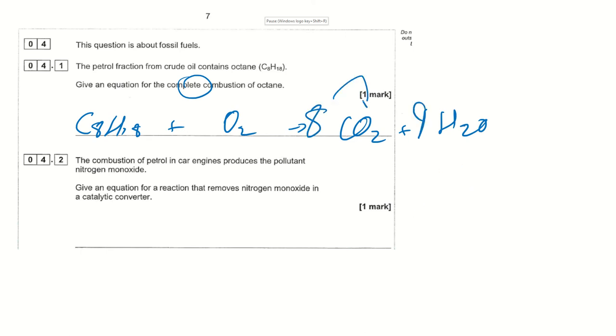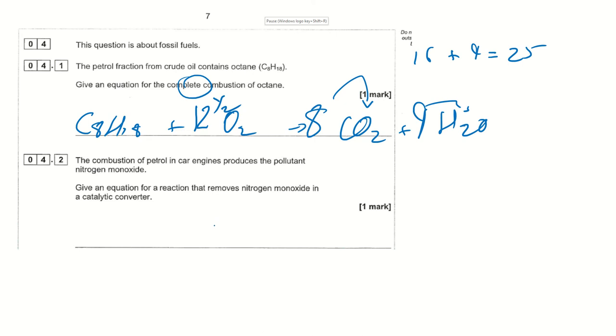That gives me 8 times 2, 16 oxygens there. Over here it gives me 9 times 1, that's 9 oxygens there. So I've got 25 oxygens that I need to balance, 12 and a half. You could have had all of those values doubled and made the oxygen into whole numbers, but I don't recall anybody doing that.